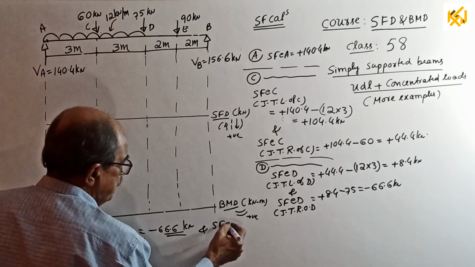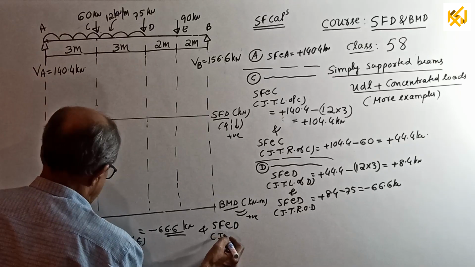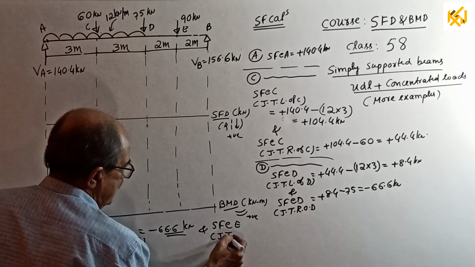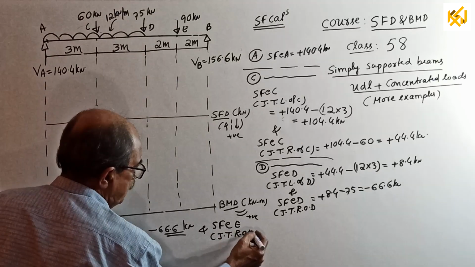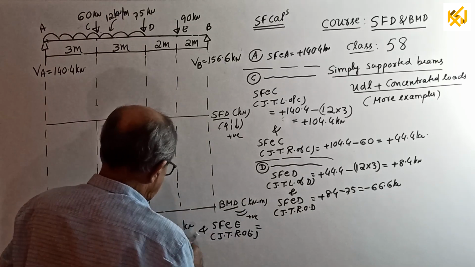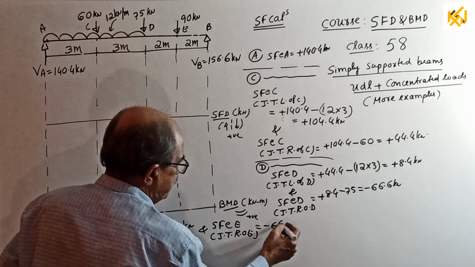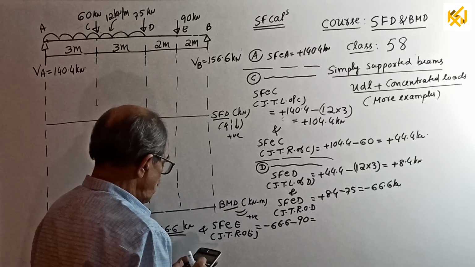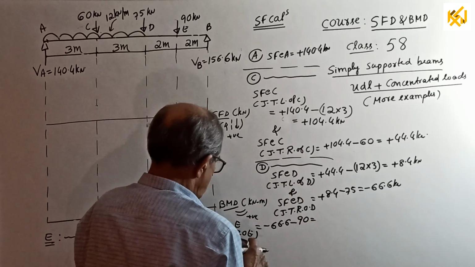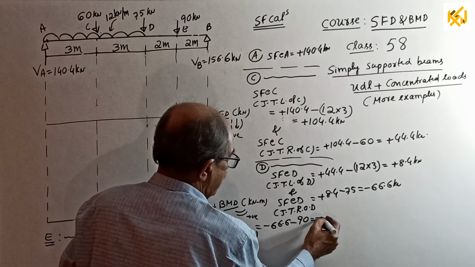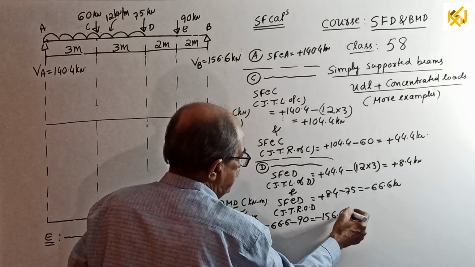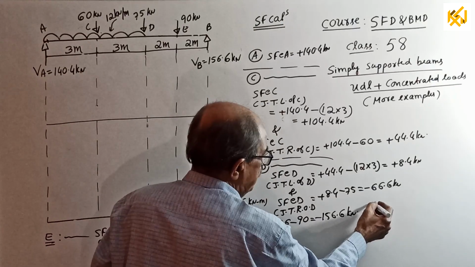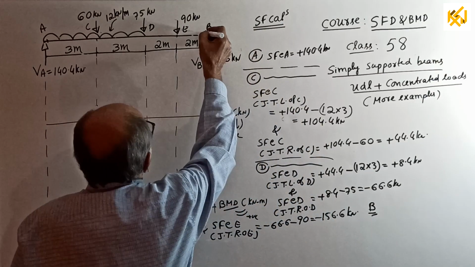And shear force at E just to right of E equal to whatever you got just now, minus 66.6 minus 90 equal to minus 156.6 kilonewton. Okay. Then lastly, consider the point B. Come slightly left side.